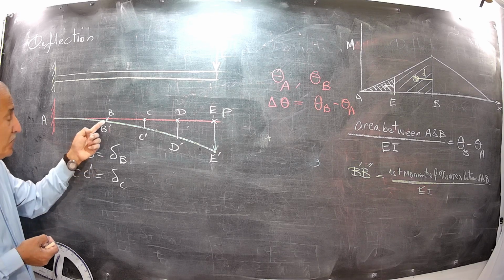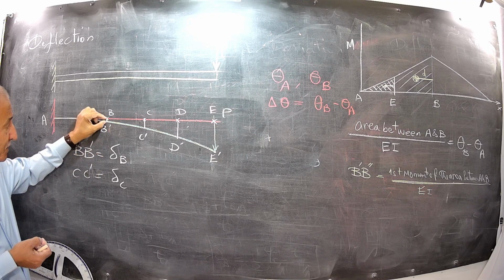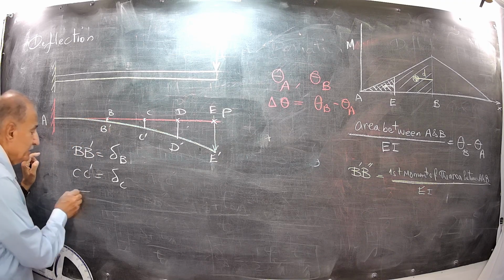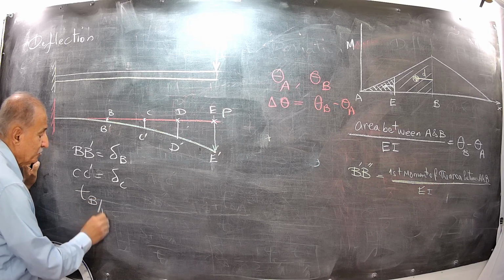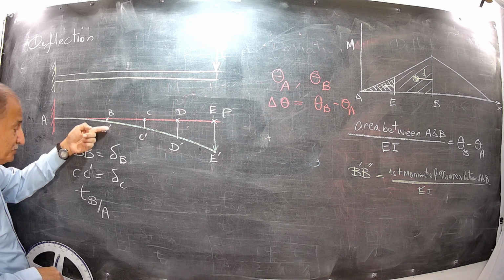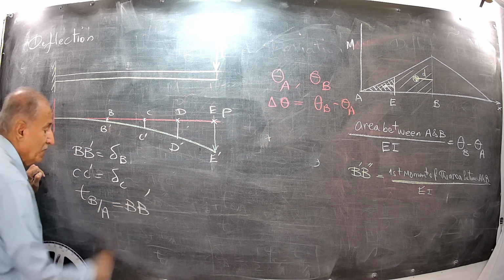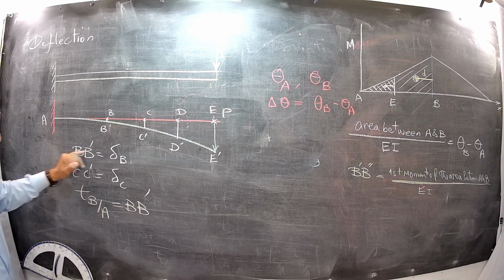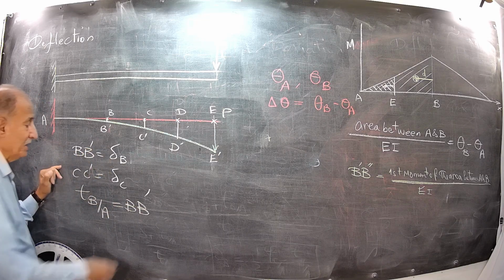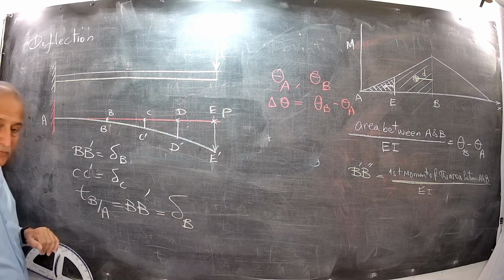How much is B prime departed from the tangent of the beam? Is it this amount? Then t_B with respect to the tangent at A, point B on the deflected shape, meaning B prime, is equal to BB prime. BB prime already is delta B, the deflection of B.